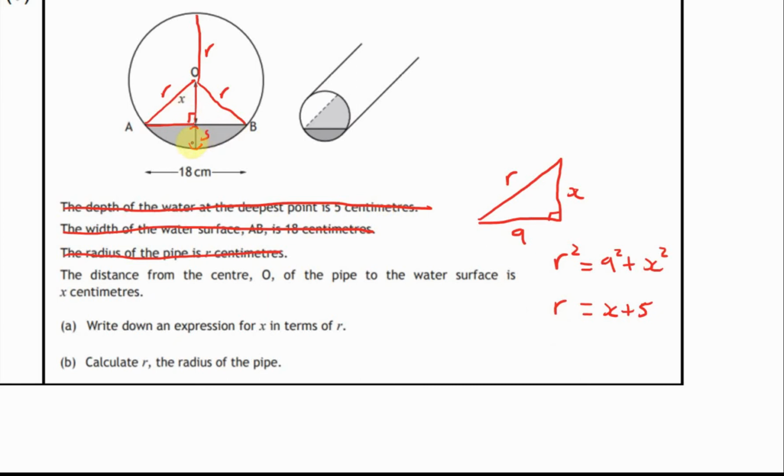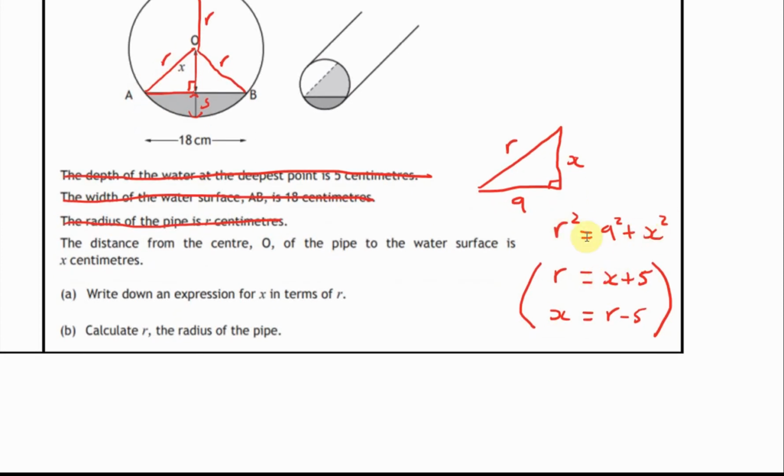Or you could say x is equal to r take away 5. If that's x, that's the full r. r take away 5 leaves us with x. So you can use either one of those expressions. That's the tricky bit in this question, trying to link the two unknowns, because usually they'd be looking for r. That's a bit mean, I think, to do that.